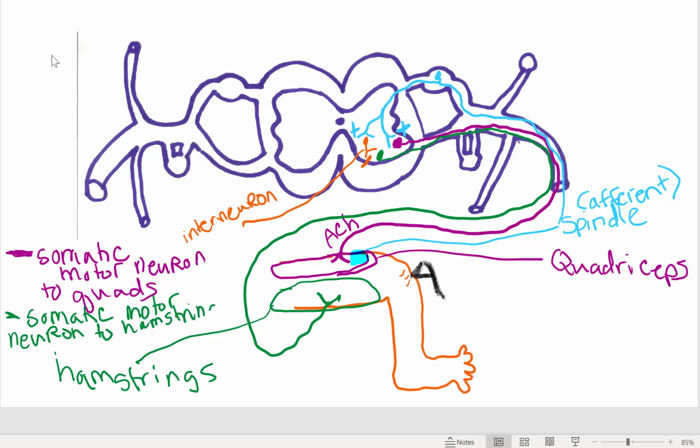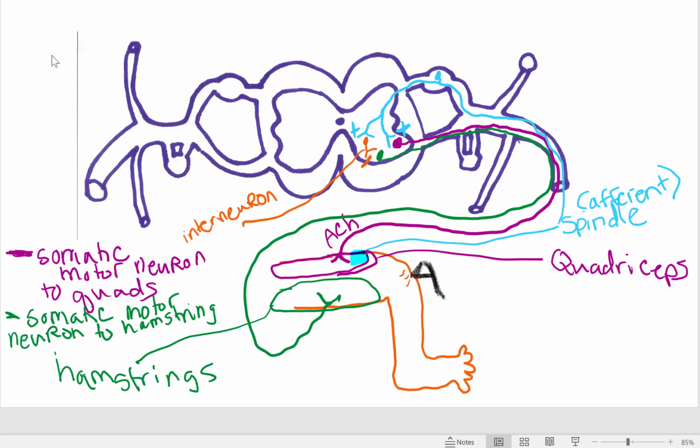So again, the green is showing you the somatic motor neuron to the hamstrings, which should stay relaxed. And again, in orange, I'm showing you the interneuron that would release inhibitory neurotransmitter on the somatic motor neuron that serves the hamstrings.